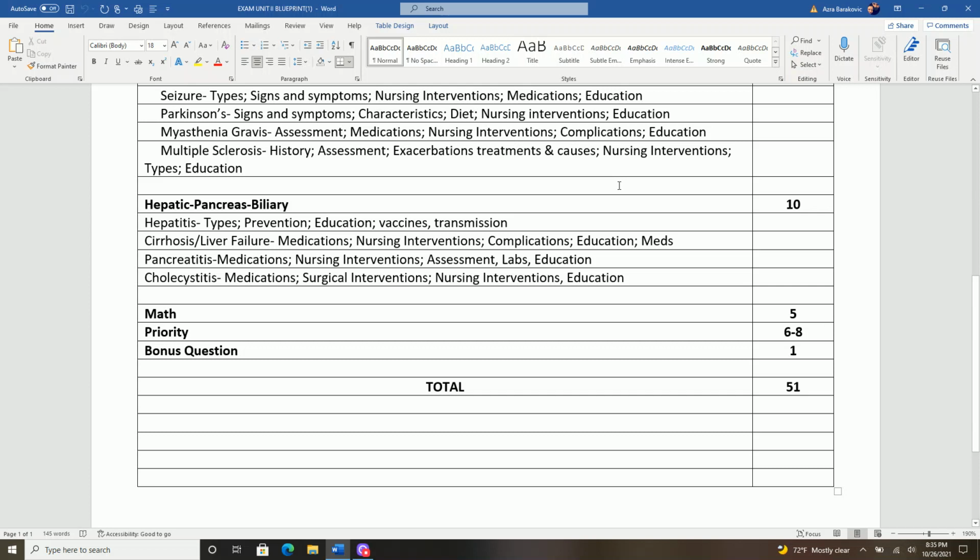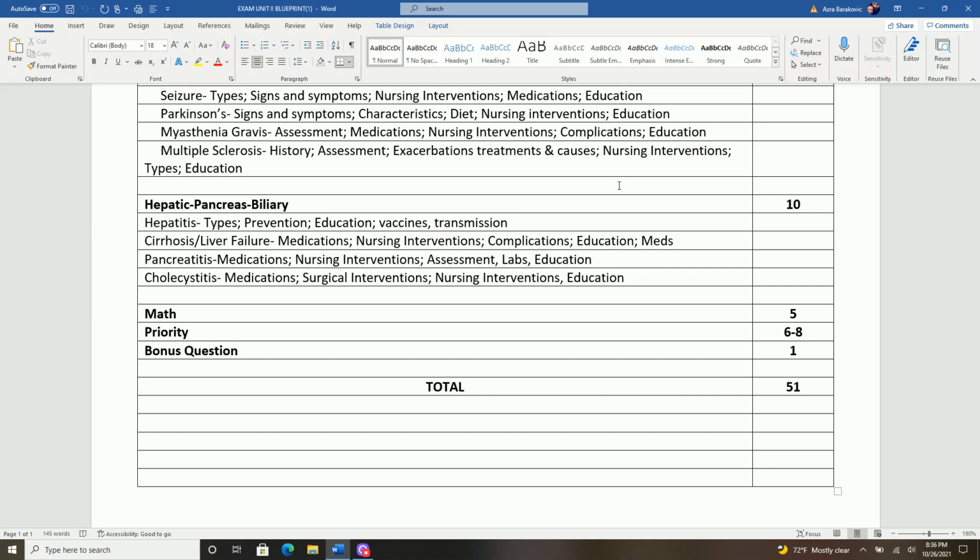So we're going to avoid foods that are fatty because it can actually exacerbate cholecystitis symptoms. Now, not all patients are able to get surgery. Some may be treated with antibiotics. And then staying away from trigger foods. Again, those are going to be mostly your fats.